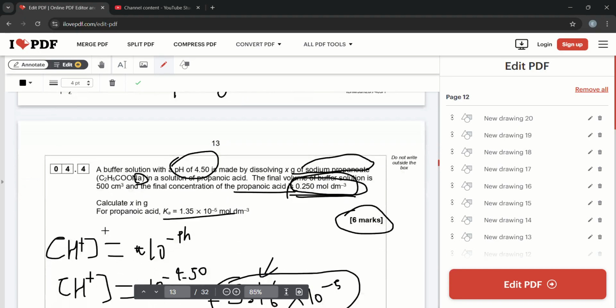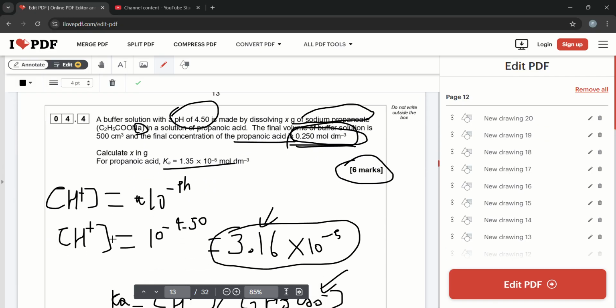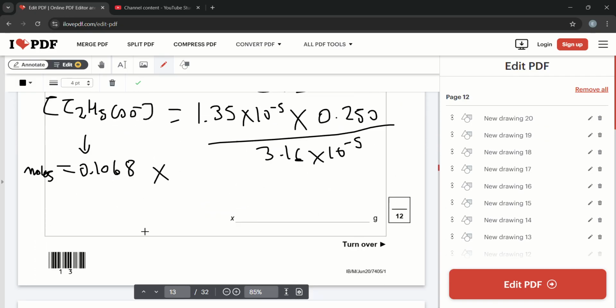We need dm cubed, so divide by 1000. 500 divided by 1000 is 0.5. We get 0.0534.